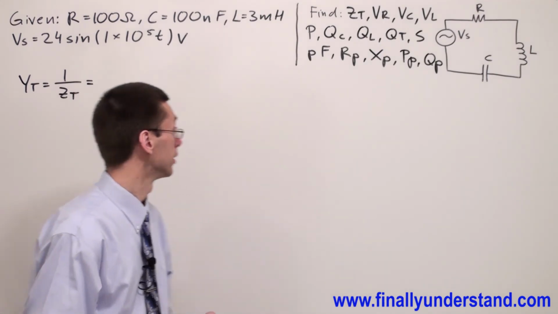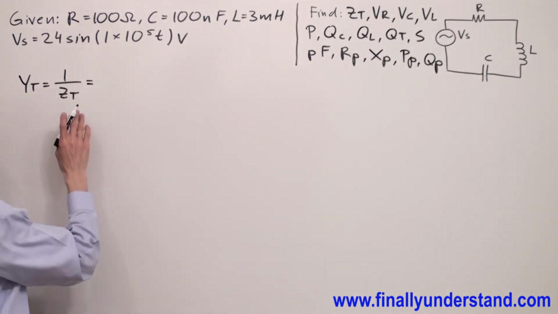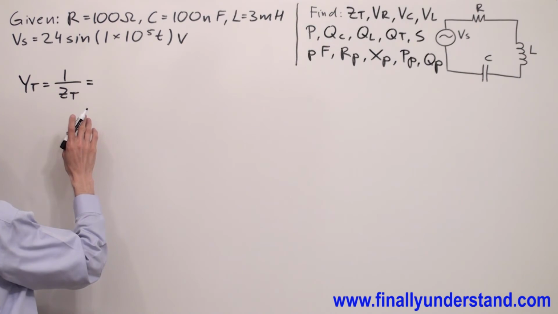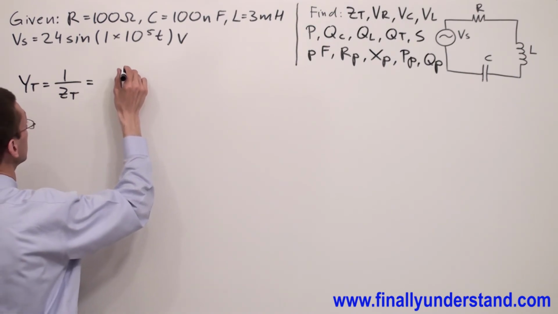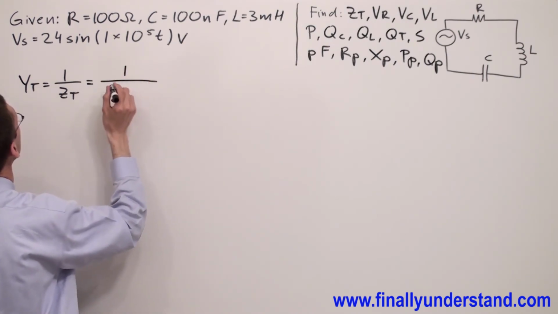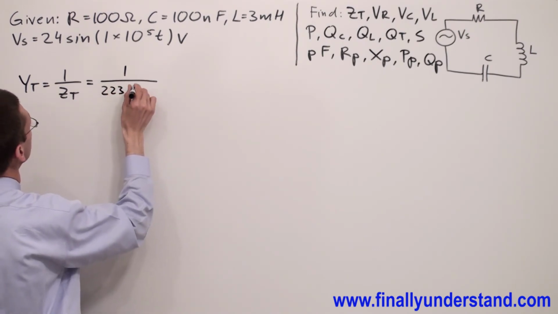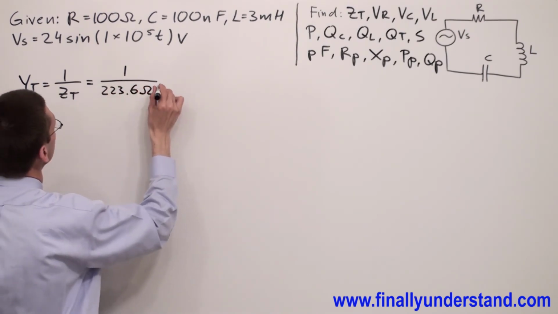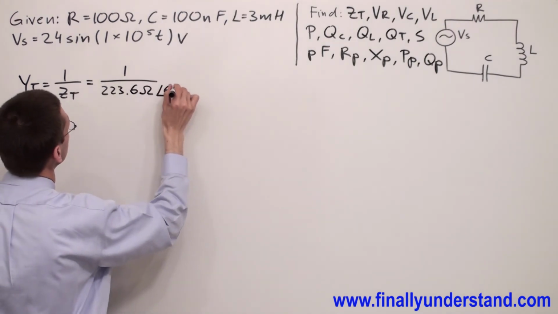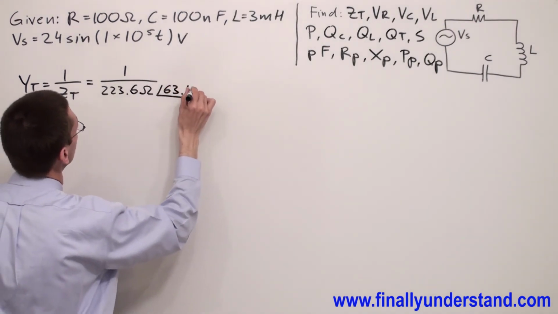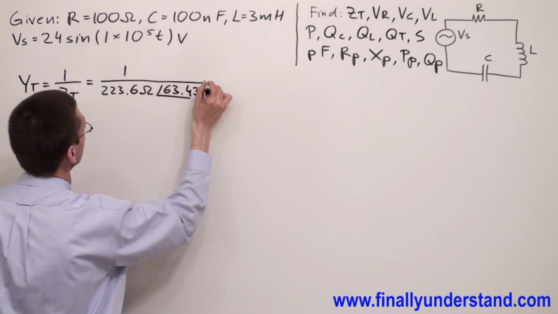Make sure that the answer which you are going to obtain is in rectangular form. So simply write 1 over 223.6 ohms, an angle of 63.43 degrees.